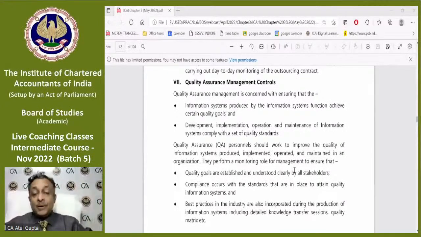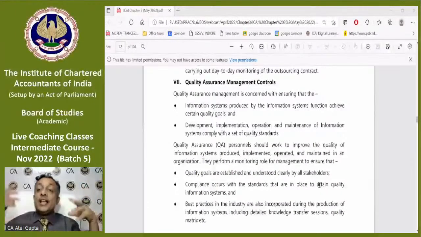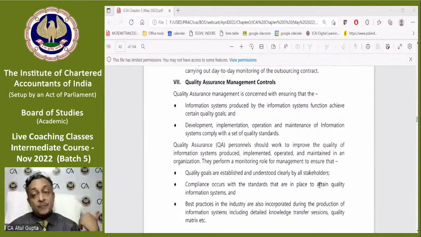If the institute planned that we are going to have 1 lakh students live in classes, that is achieved. If the institute planned that we want to have interaction through a separate chat platform, that is achieved. If the institute planned that students must get virtually free coaching classes, that is achieved.